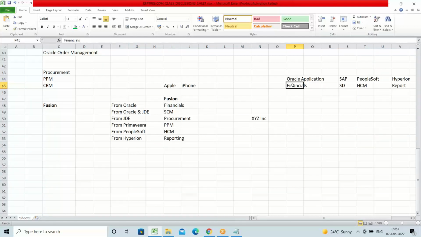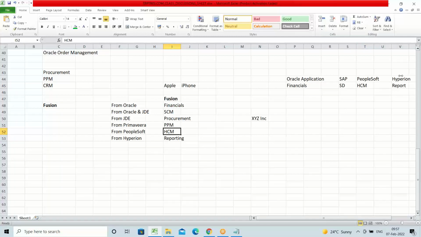They are taking financials from Oracle applications, Oracle EBS. In Oracle applications for finance, whatever tables we have, the same tables you can find for Fusion Financials. In PeopleSoft for HCM, whatever application-related pages and tables we have, in Fusion you will have the same tables.